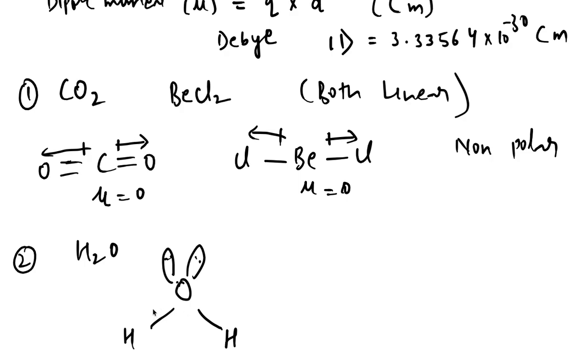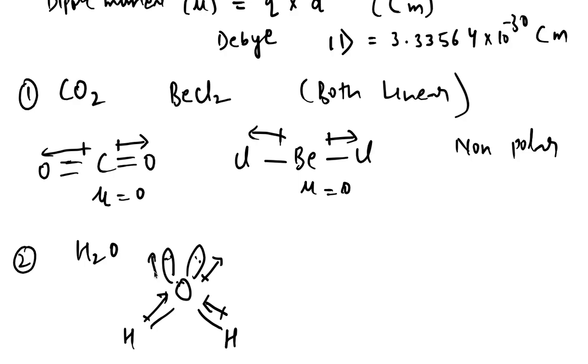Now what happens here is, we do have the individual dipole moments because oxygen is more electronegative, but at the same time we have another dipole moment. When we have a lone pair of electrons, that also has a kind of dipole moment, and we show it by drawing the arrow towards the lone pair.